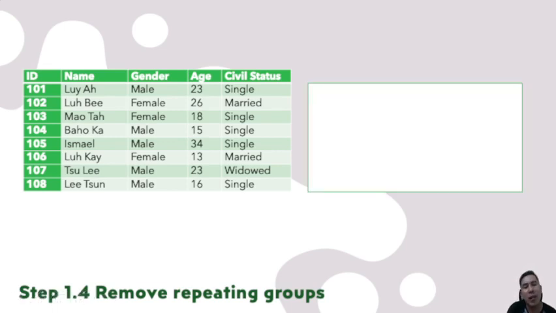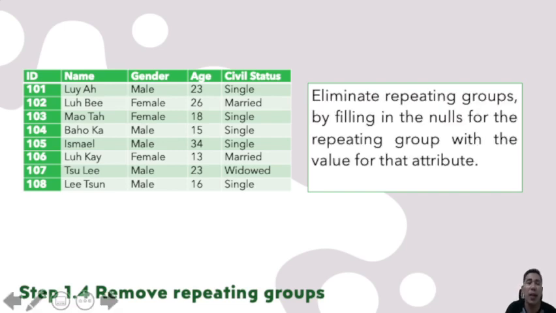With regards to age, although age can be considered a repeating group, it is not a good idea to treat it as one, because it's normal that we all have the same values in our ages, the same with the name.